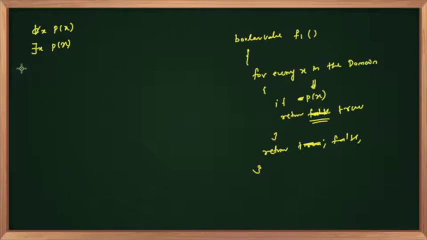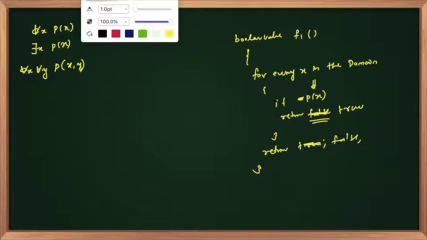Now let's see for all x, all y. Let's assume you have P of x comma y. So this means that you have a Boolean function, maybe I will just erase this.